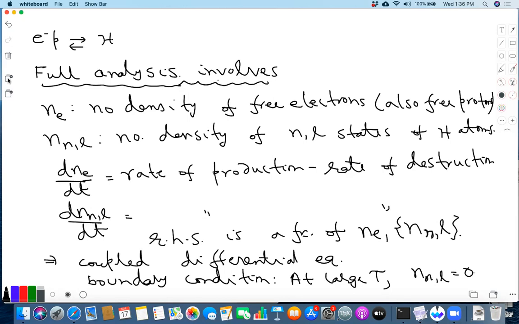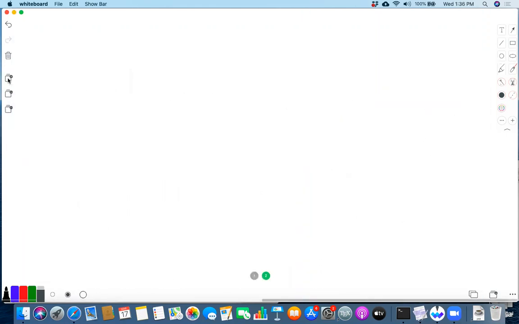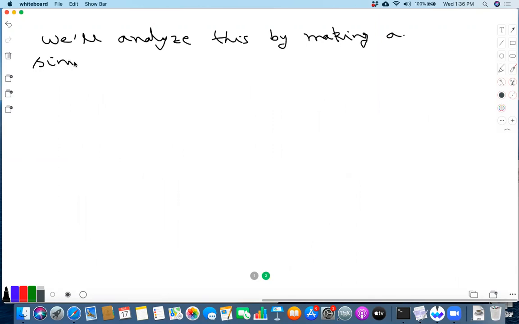And that will basically reduce this to a system of 3 kinds of particles. So instead of having an infinite number of variables, you have 3 sets of variables. So let me describe how this is done. So we'll analyze this by making a simplifying assumption.